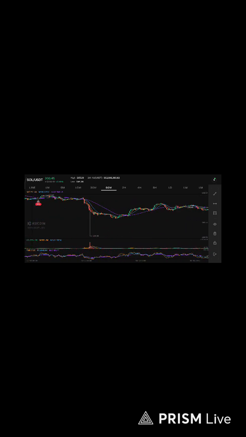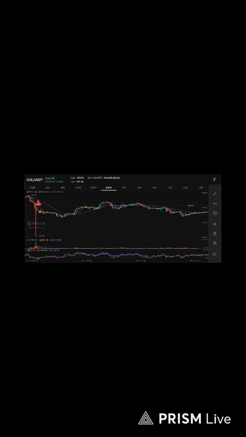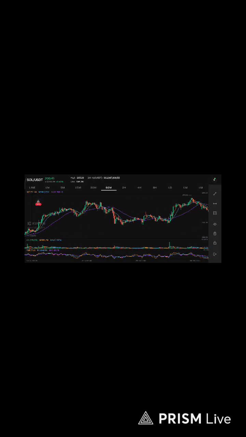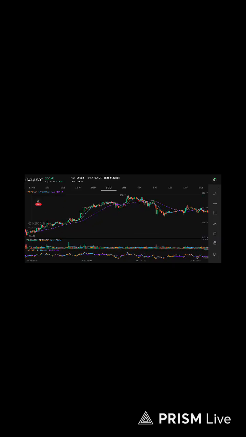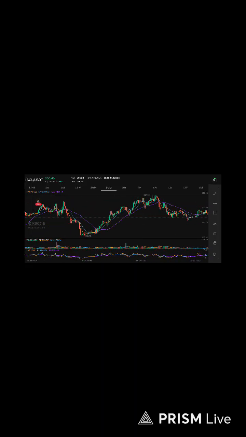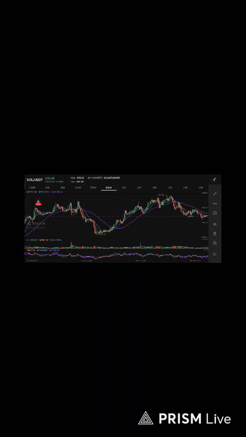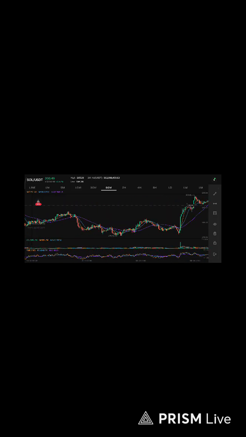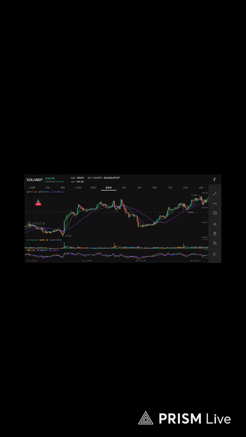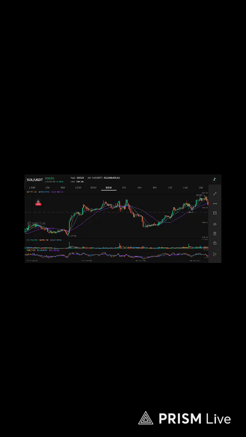We have seen a lot of candlesticks here, and today we're dealing with the bearish engulfing candle. This is also a typical example.